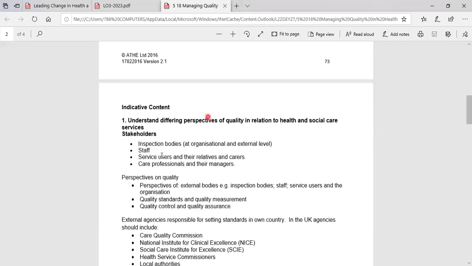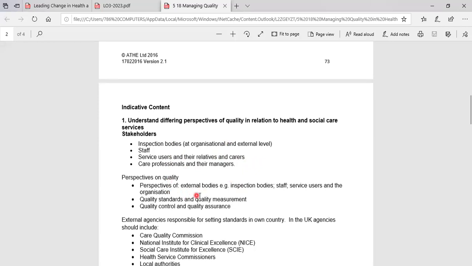When you're understanding perspectives of quality, you have a very good skeleton that can be used to draft or prepare your work. You have your stakeholders, like inspection bodies, several internal and external inspection bodies exist, your staff, service users, their relatives and carers, care professionals, and managers.